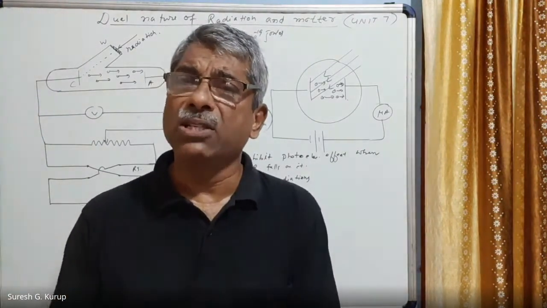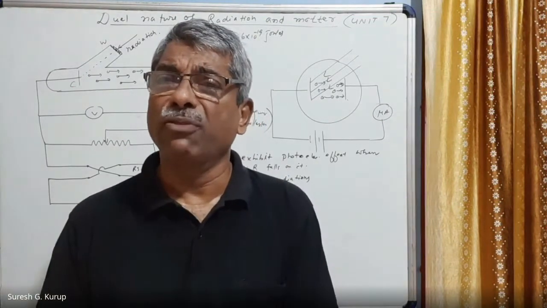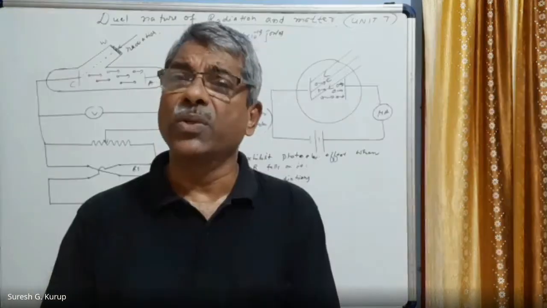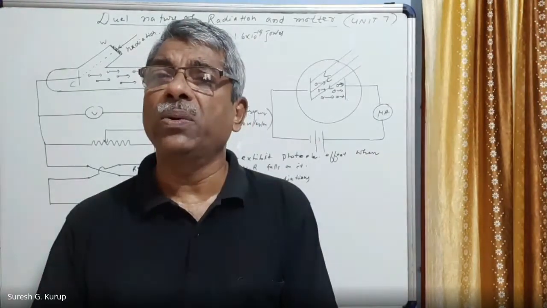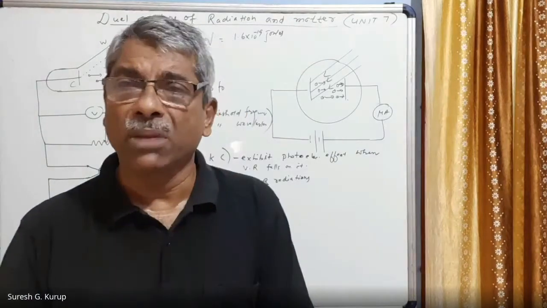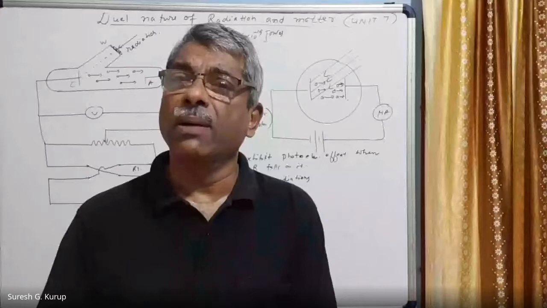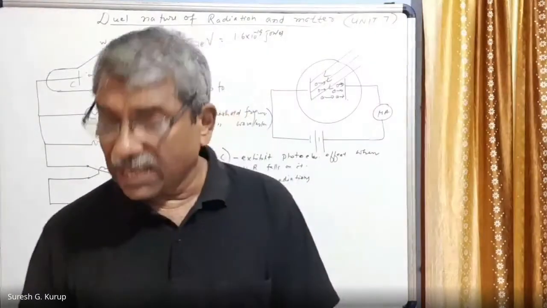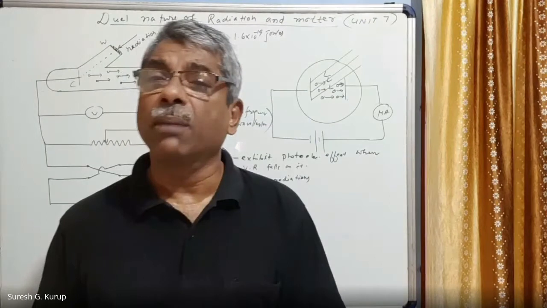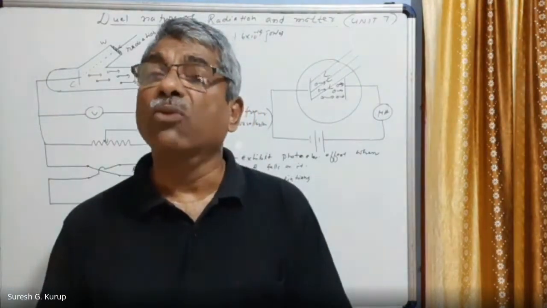When this energy, these quanta or photons, fall on the surface of a metal, the energy is transferred to electrons, and electrons are now easily able to come out of the surface of that metal. We can say that they can overcome the surface barrier of that metal. And this energy supplied by the radiant energy in terms of photons is equal to the work function of the metal.